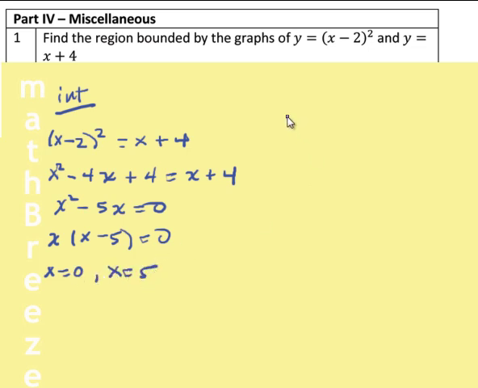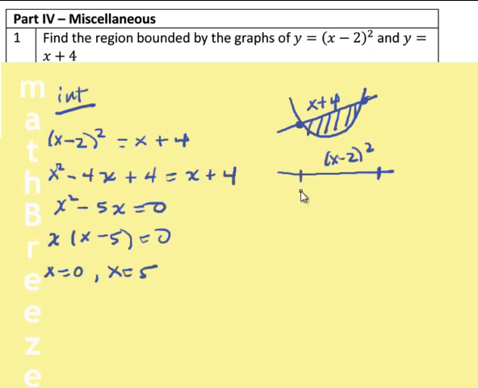Now, if we were to graph these two, this is a parabola facing up, and this is a line, slope 1. So we're finding this region, x plus 4, x minus 2 squared, and we found that the x values are 0 to 5.